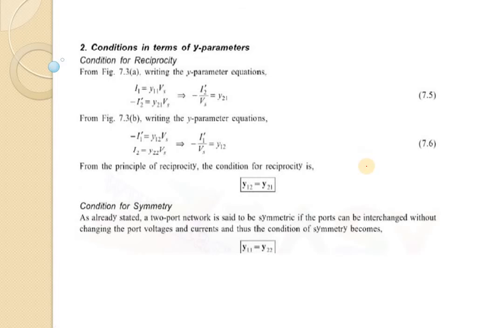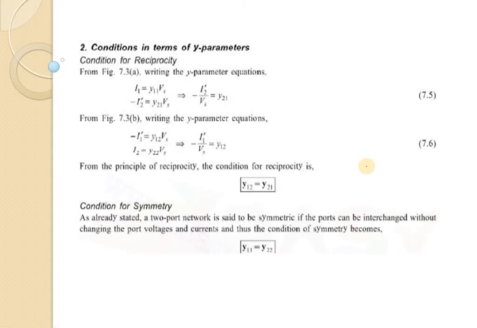Next we will do the same thing for Y parameters, the conditions in terms of Y parameters. For the first case, the output terminals will be shorted, and we will do the same thing for the reverse side.